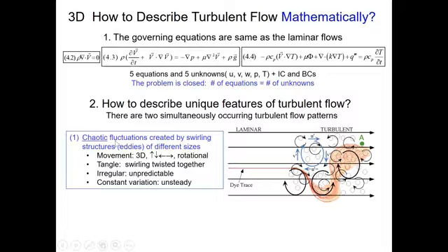The first turbulent flow pattern is chaotic fluctuation created by swirling structures of different sizes. These chaotic fluctuations are always three-dimensional, always unsteady, and always unpredictable. It's safe to say that turbulent flow is always three-dimensional and unsteady.